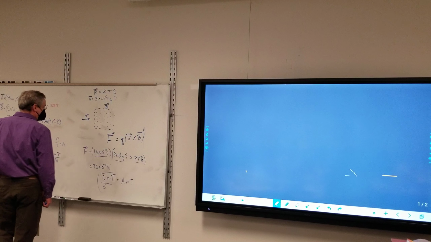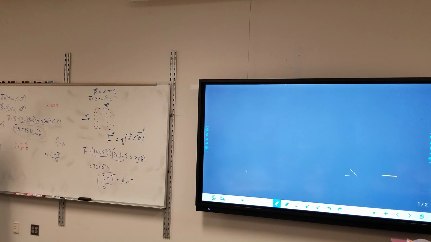What is the direction of the force as soon as it enters into this magnetic field? Here's our coordinate system, if this helps.